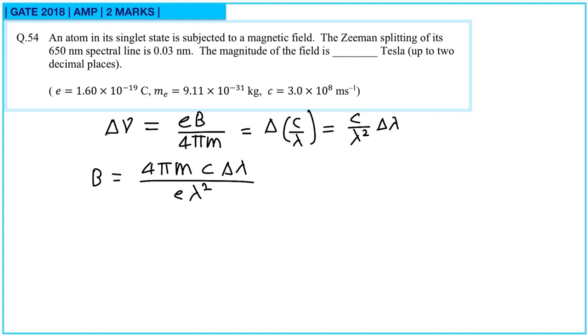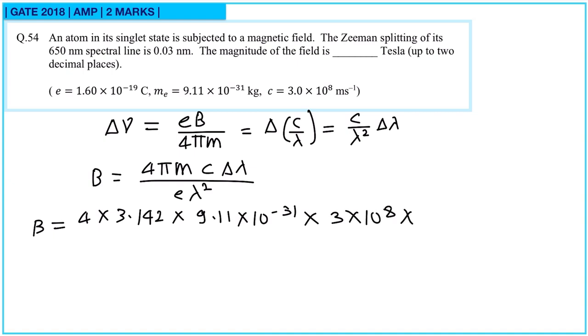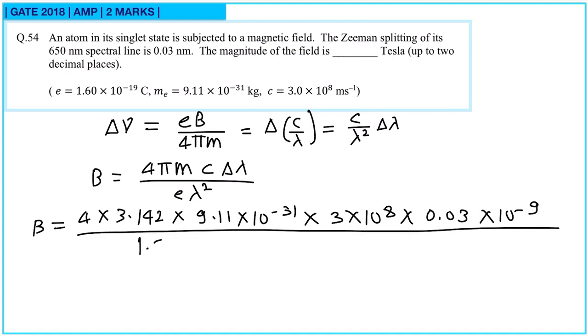B is equal to 4 into pi, which is 3.142, into m, the mass of electron. This is given as 9.11 into 10 to the power minus 31, into the value of c, which is 3 into 10 raised to 8, into delta lambda. It is given 0.03 and it is in nanometer, so into 10 to the power minus 9, upon e, which is 1.6 into 10 to the power minus 19, into lambda square.